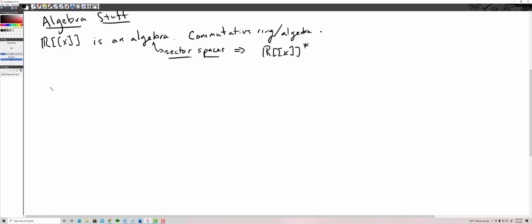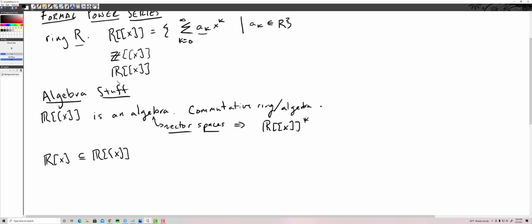Another thing about this is you'll notice that this polynomial ring looks a lot like the ring of formal power series, doesn't it? These are polynomials with indeterminate x, and these are formal power series with indeterminate x.